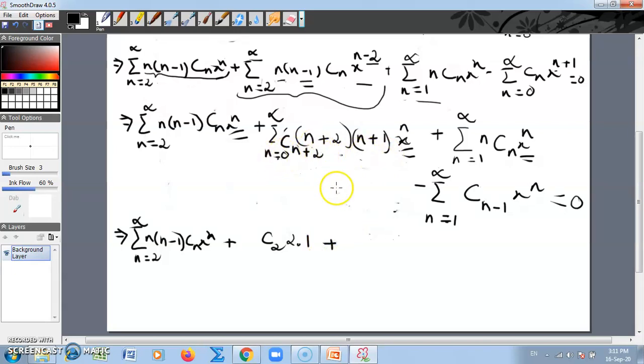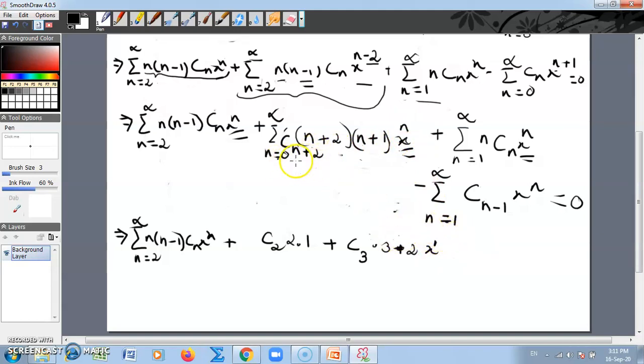N is equal to 0 I put, then I put n is equal to 1. When I put n is equal to 1, I get C3, 1 plus 2 is 3, into 3, multiplied by 2, x to the power 1, because I am putting n is equal to 1.